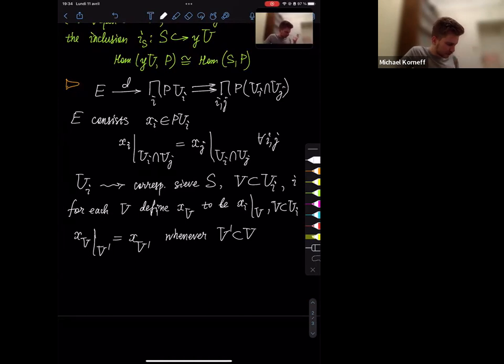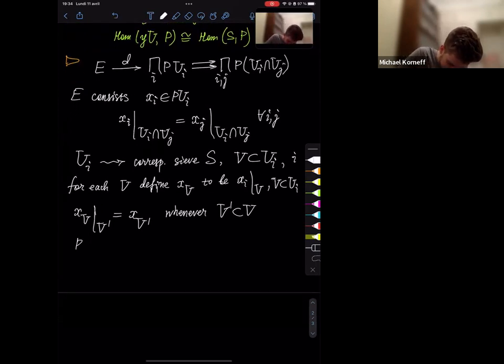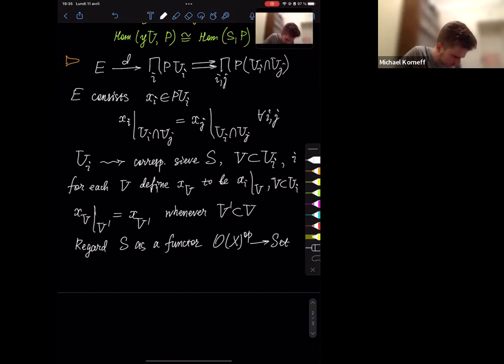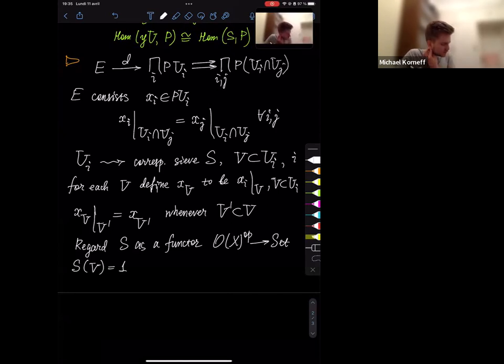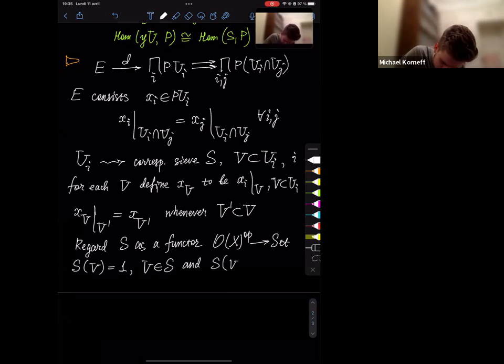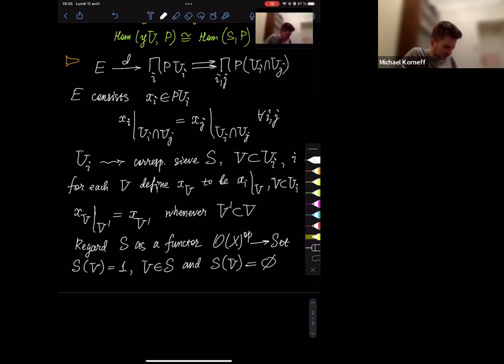Now we can regard S as a functor from open sets to sets such that S(V) equals 1, a one point set, if and only if V belongs to S, where S is a set, and S(V) is just the empty set otherwise.